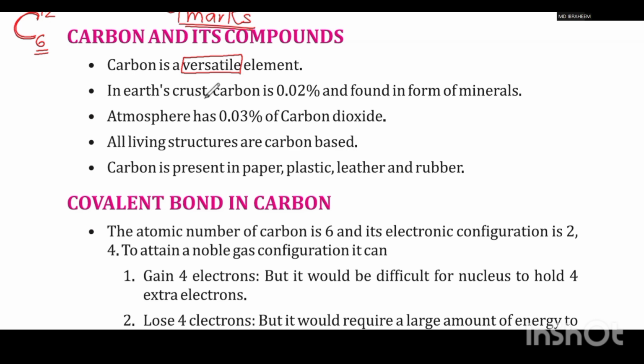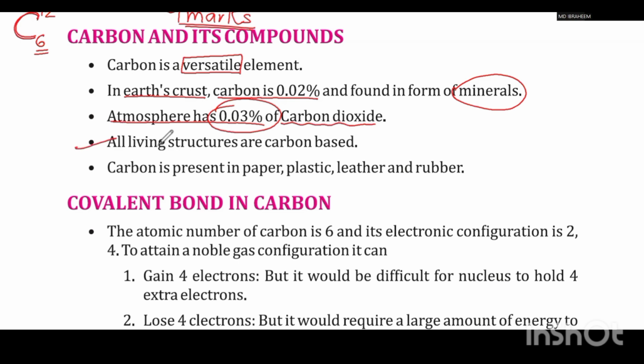Another important point: in the earth's crust, carbon is present at 0.02% in the form of minerals. While in our atmosphere, the content of carbon is 0.03% in the form of carbon dioxide.